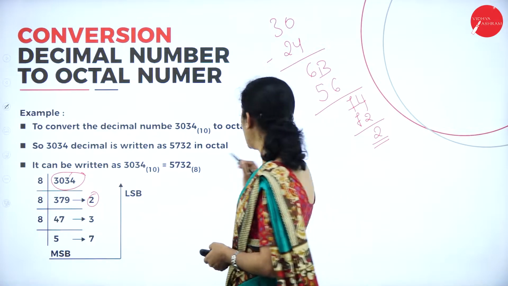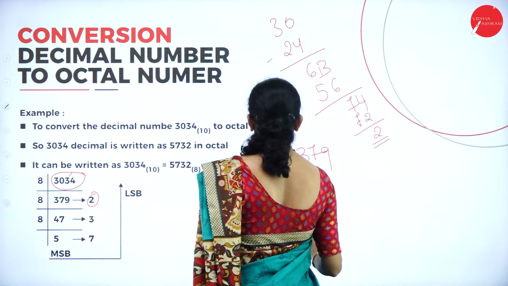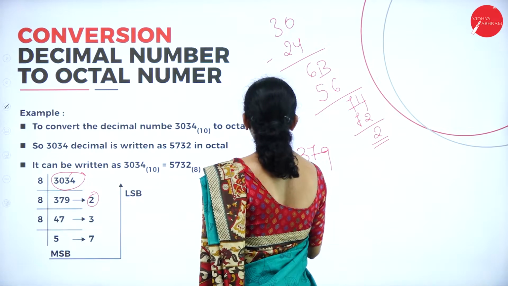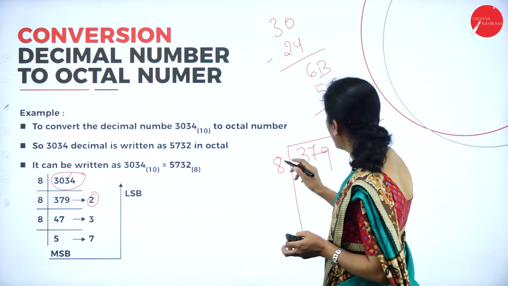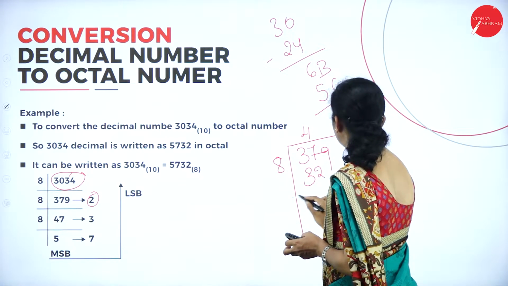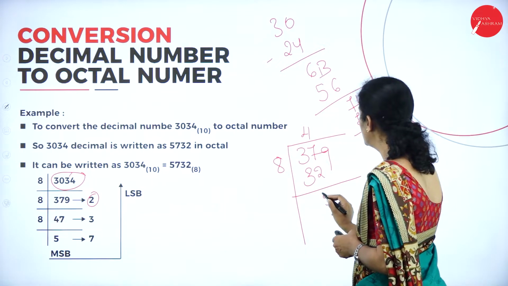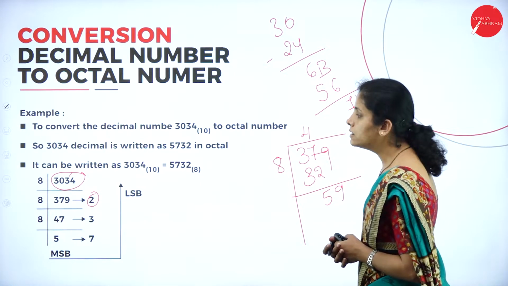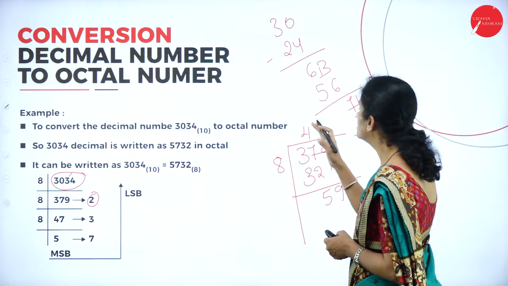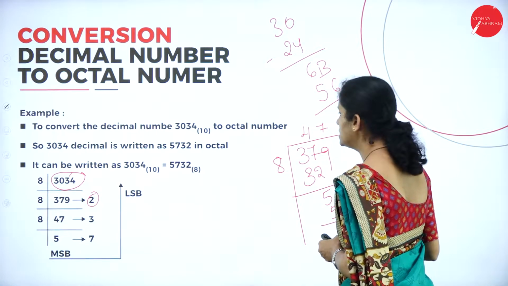Once again, I have 379. Divide that by 8. Now 8 fours are 32. So 37 minus 32 is 5, bring down 9. Now 8 sevens are 56.